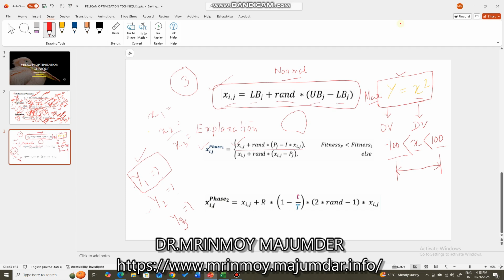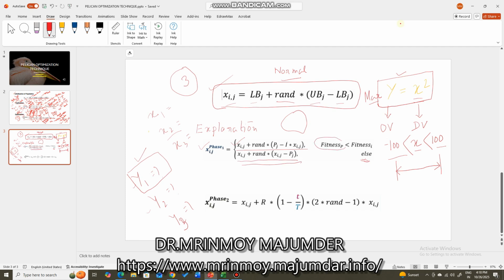If it is not so, if y2 is not greater than y1, please note down carefully, then you have to follow this formula. Else, what is else? This. The formula is self-explanatory. If y2 is greater than y1, which is the prey, that is why they say fitness function of prey.